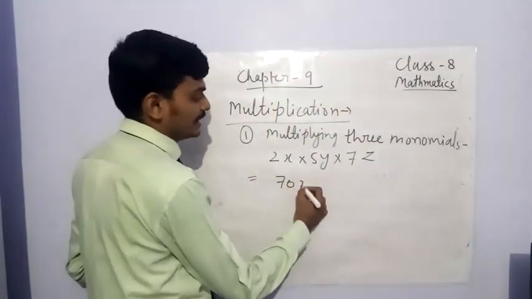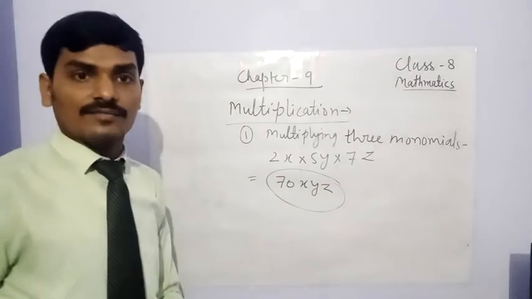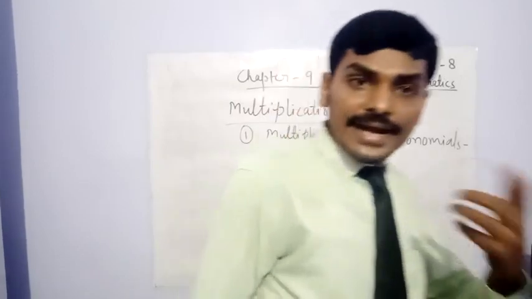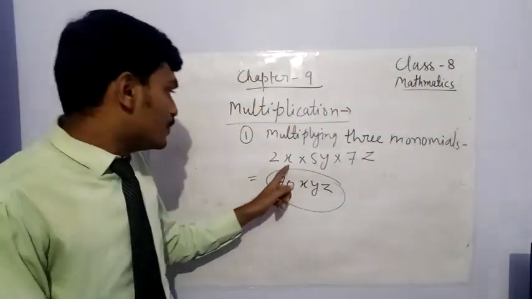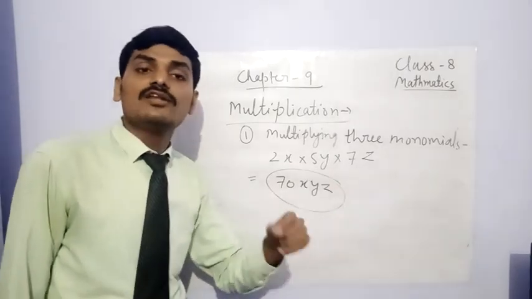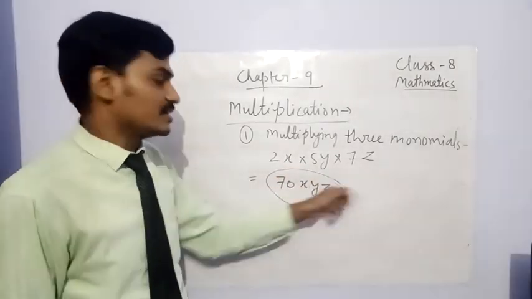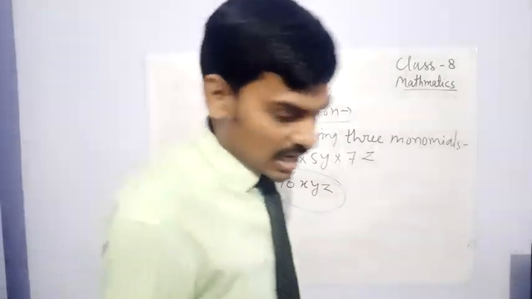Just multiply it, x, y, z. So this is your answer. If the base is the same, then you can add the powers, but here the base is different, so you will not add the powers. Just multiply all these bases, that is x into y into z. So this is your answer.